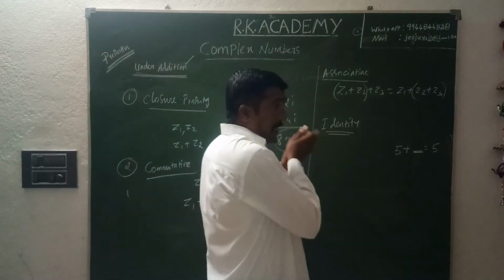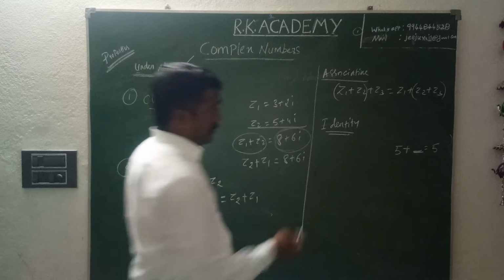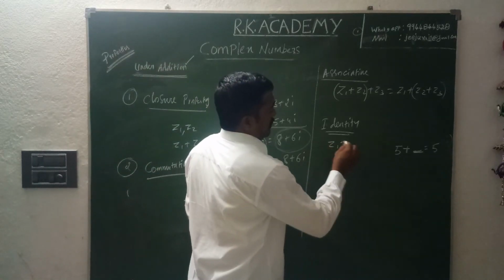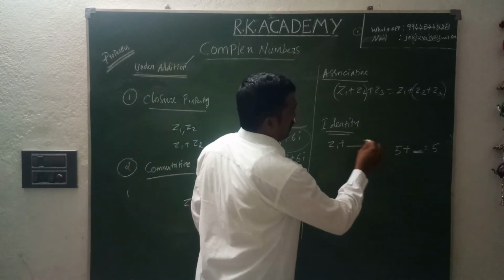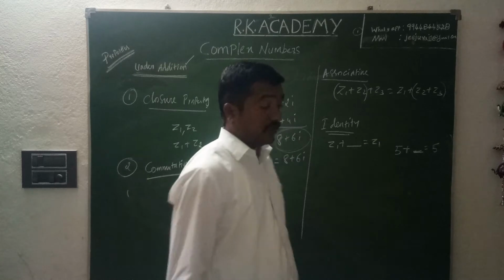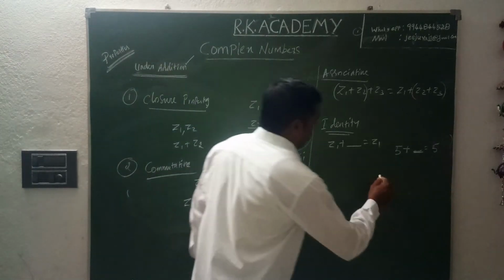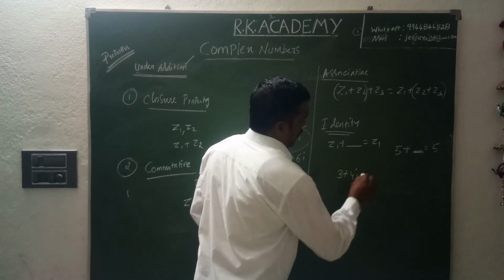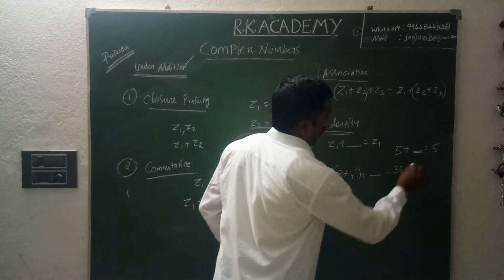So in the identity under addition for the complex number, what is the possible thing? Now I am taking some complex number. z1 is equal to z1 plus dash is equal to, I need the same z1. So what will happen? Okay. Now listen. Now I am taking a complex number 3 plus 4i plus dash is equal to, I need 3 plus 4i.